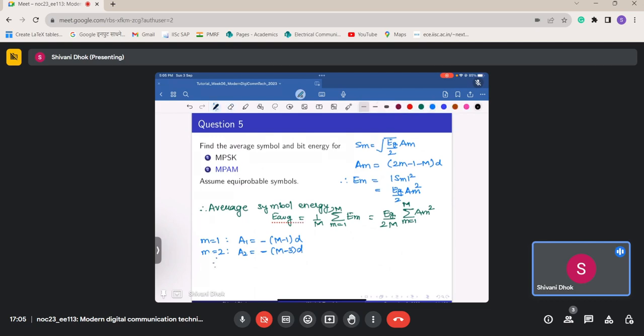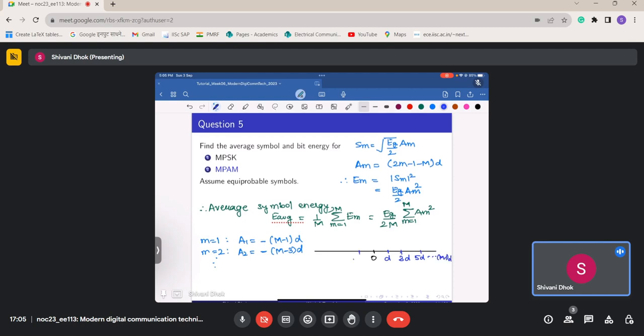So if I try to plot it, it will look something like this. So 0, I'll have d, then 3d, then 5d, and so on till (M minus 1)d.